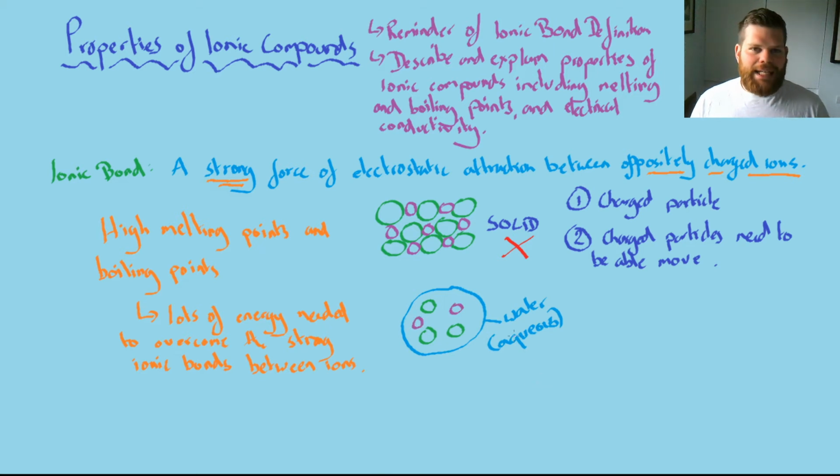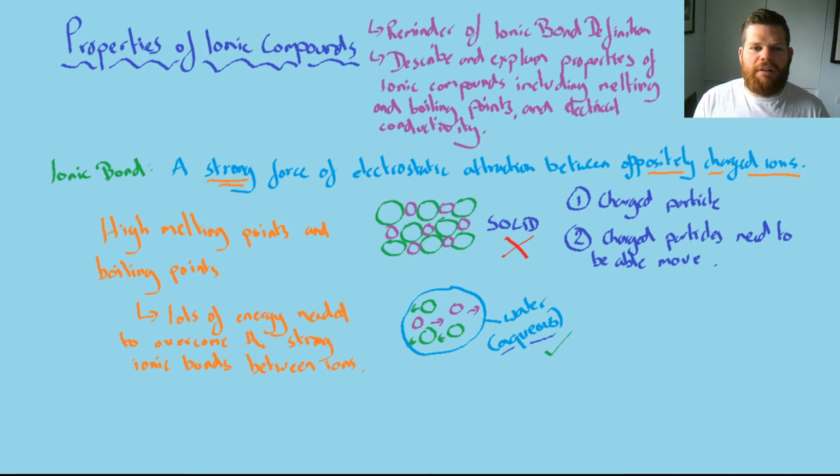So in this state the ions can actually move and carry some form of charge. So when we think about things in what we call an aqueous state, they can conduct electricity. The reason they can conduct electricity is because there are free moving charged particles, and in this case, those charged particles are ions.